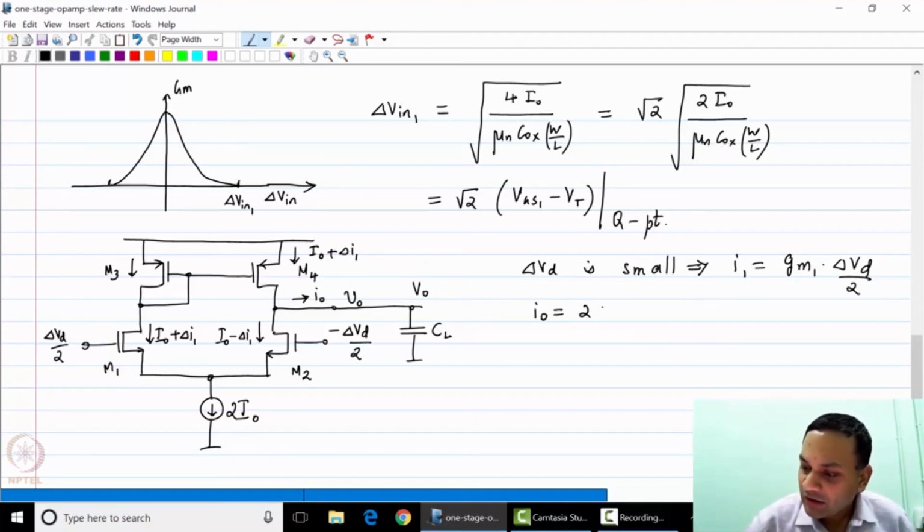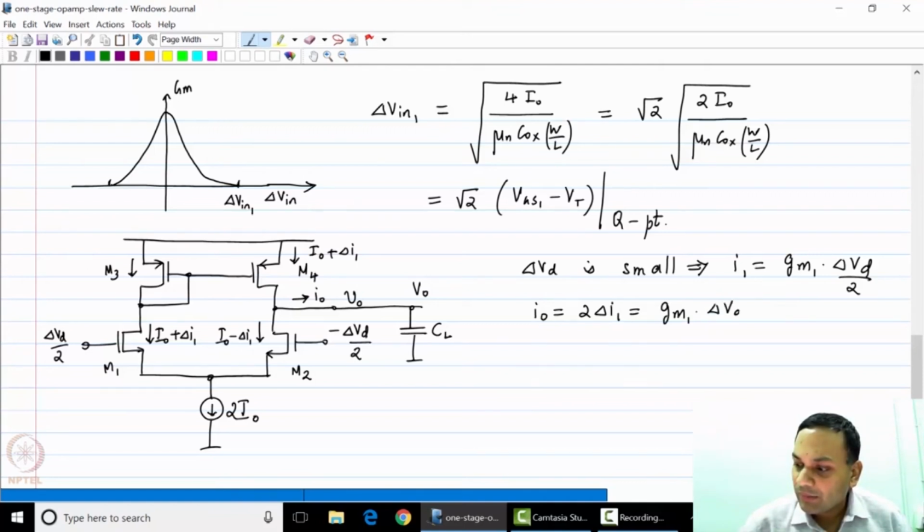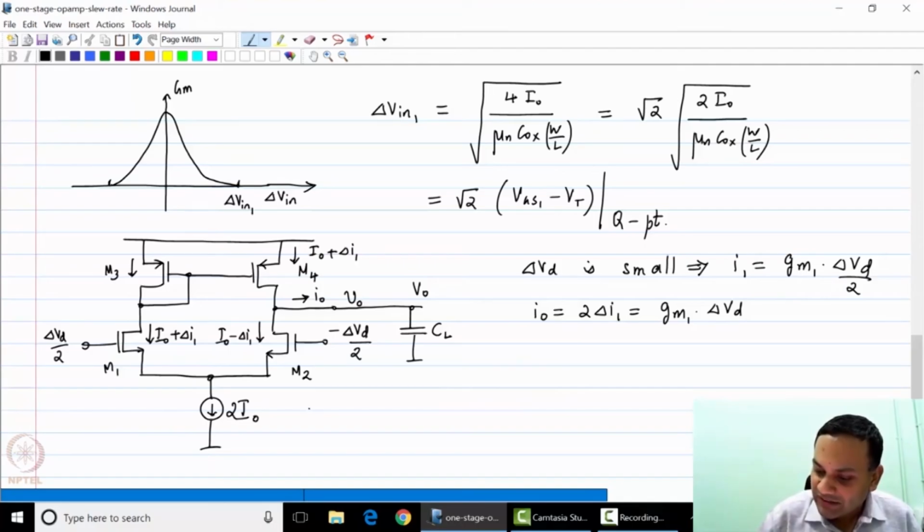So IO is 2 delta I1, which is clearly GM1 times delta VD. So clearly the one stage op-amp acts like a transconductance of value GM. If I were to replace it with a block diagram, it would look like this.